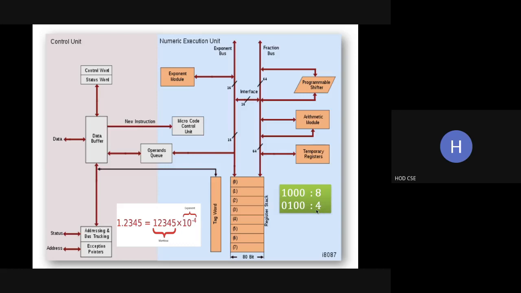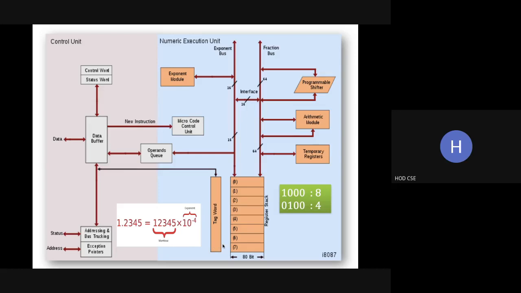And here we have the exponent module, which is used to store the exponent value. Two buses are available here, the exponent bus and the fraction bus. And here we have a tag word register. It gives the content of every register. For every register, it will be represented by 2 bits.